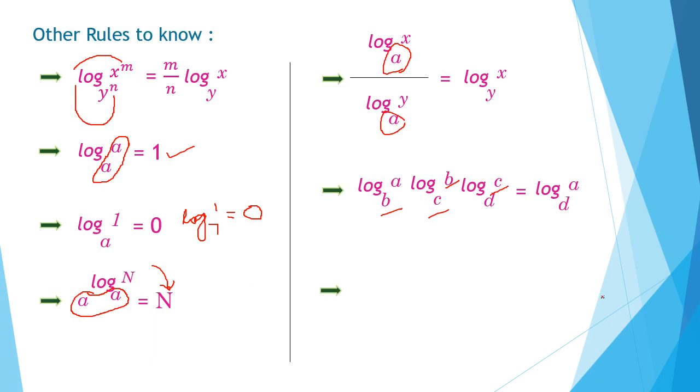Okay. Now coming to another rule, logarithm of a to the base b. This can be written as 1 by... you have to remember all these properties.